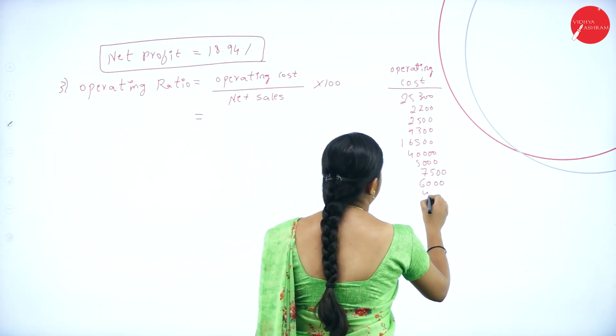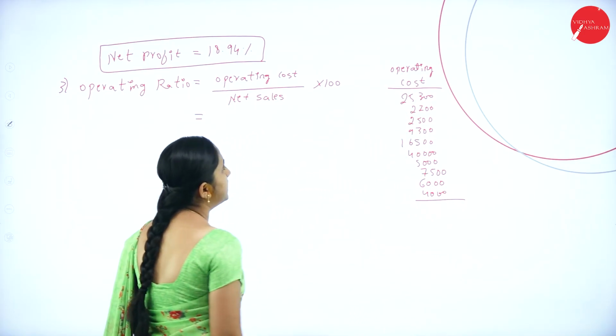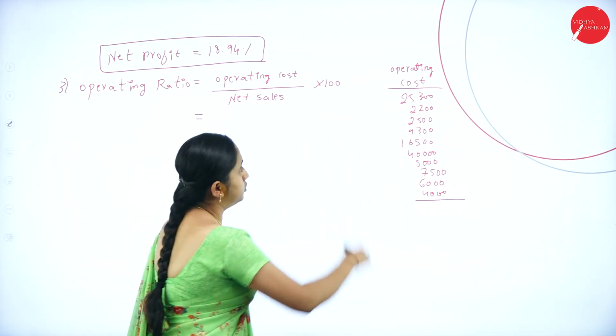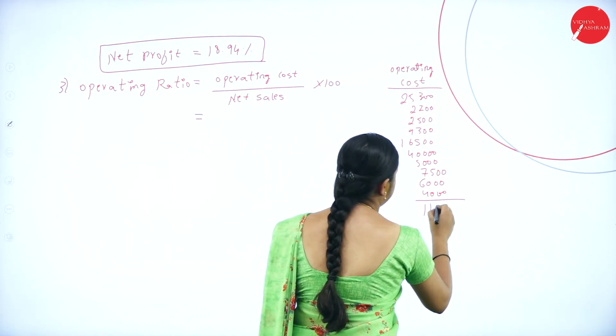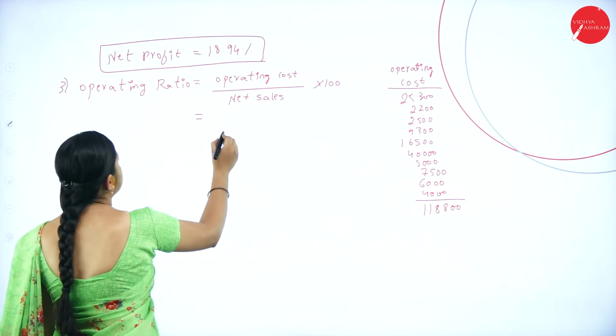Just make a total. The total of all this is 1,18,800. So operating cost is 1,18,800.